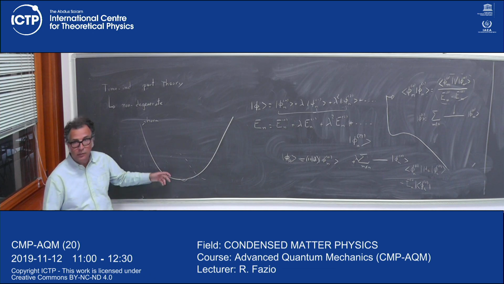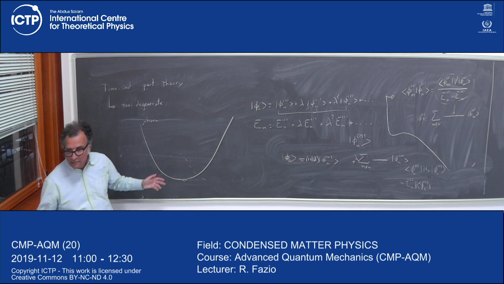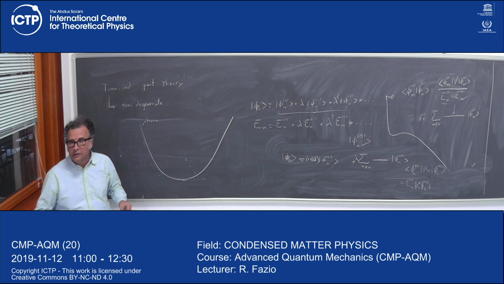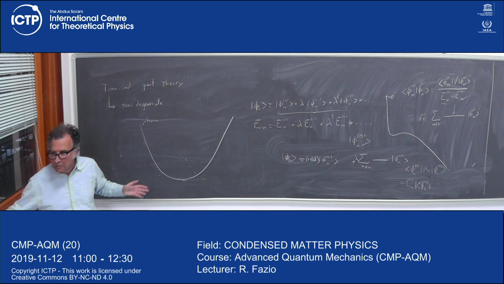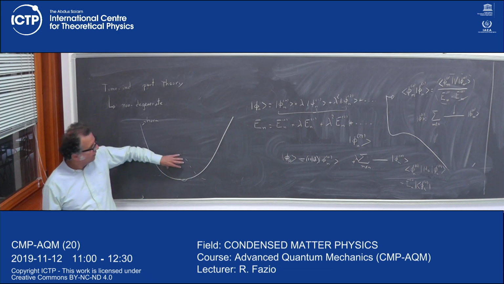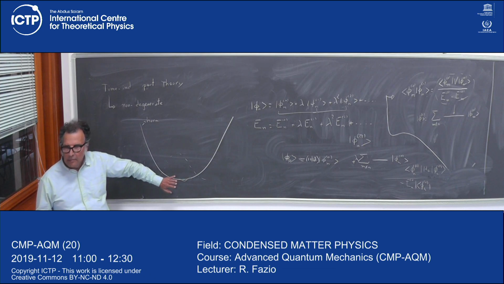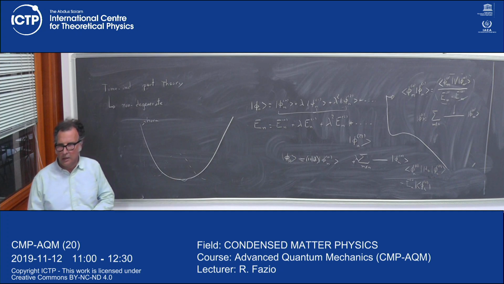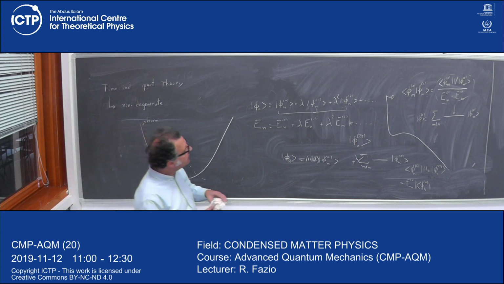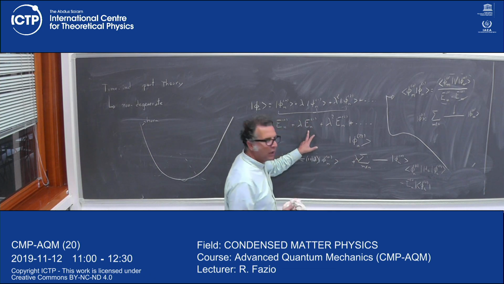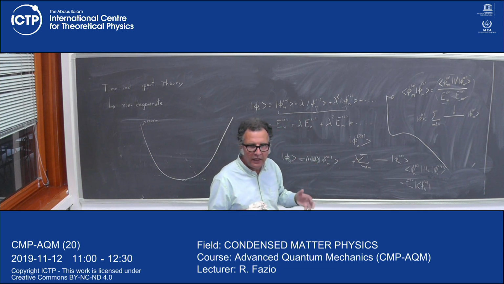So the energy will not be h bar omega over 2, but it will be h bar omega over 2 minus lambda something, which is the fact that here the energy is not zero, but it's something else. And this is contained in the fact that you determine E1 just as the average energy computed on the unperturbed state.